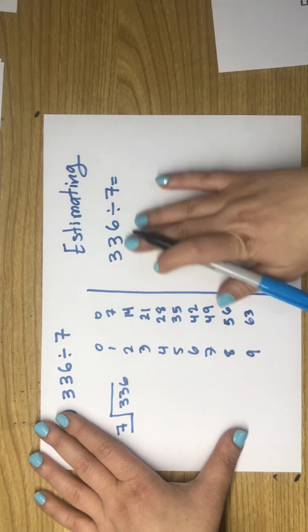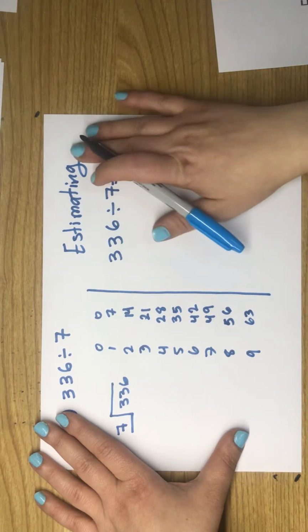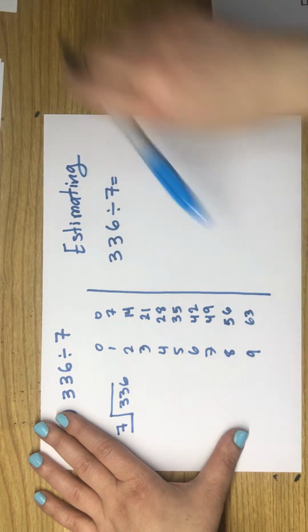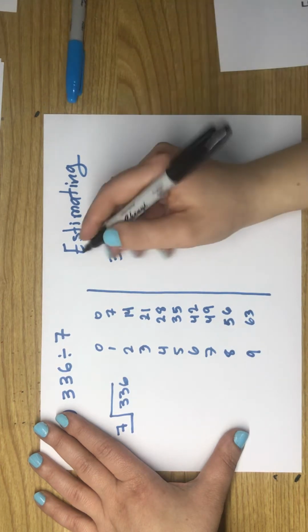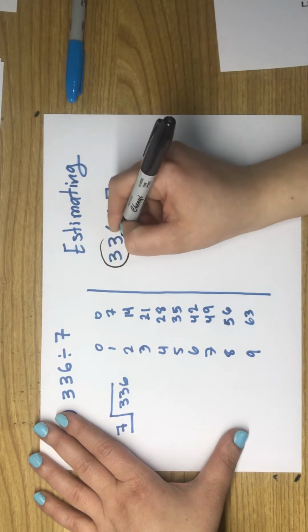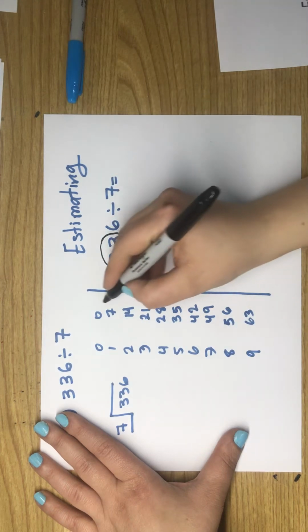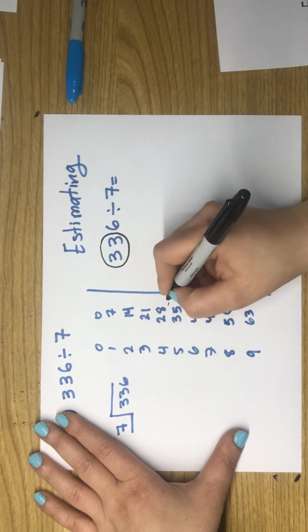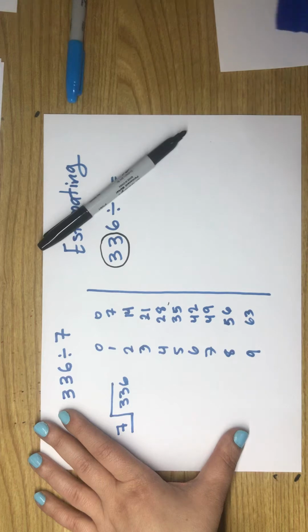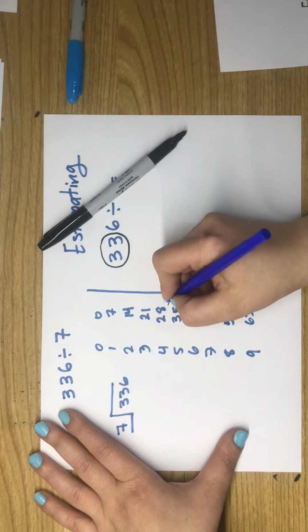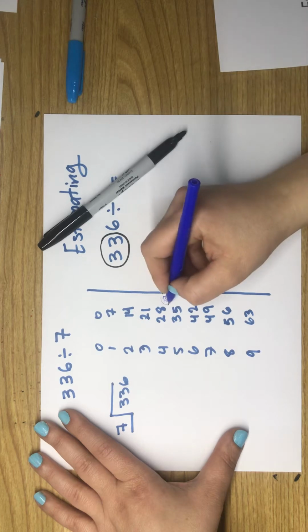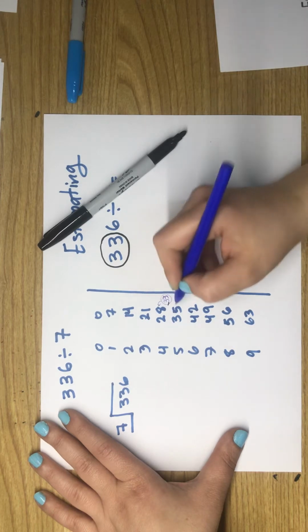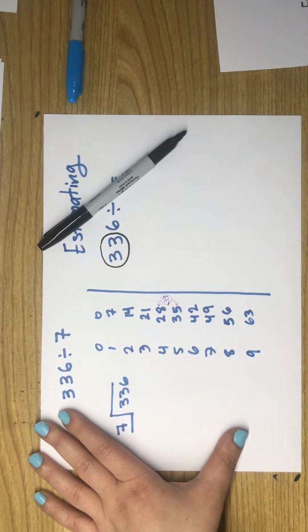So most of the multiples of 7, as you can see, have 2 digits. So when you have this estimating the quotient problem, you have to look at the first 2 digits and ask yourself, 33 as a multiple, where does it come? I'm going to do it in small handwriting. 33. Okay, guys, is 33 closer to 28 or closer to 35?